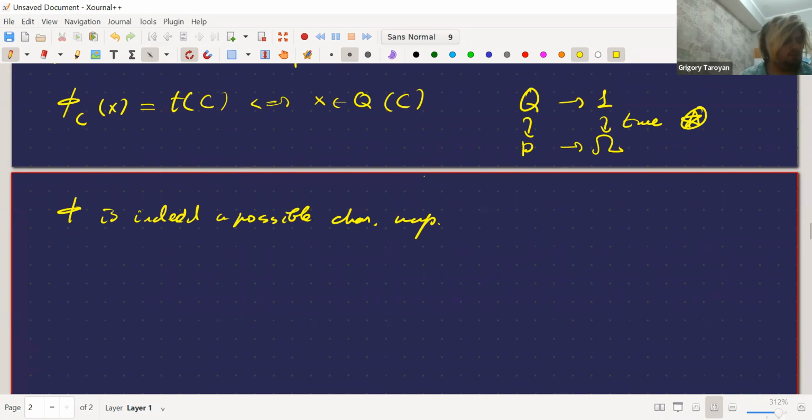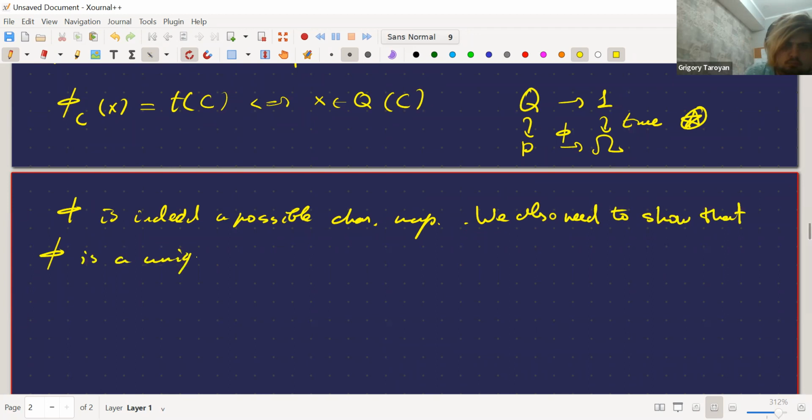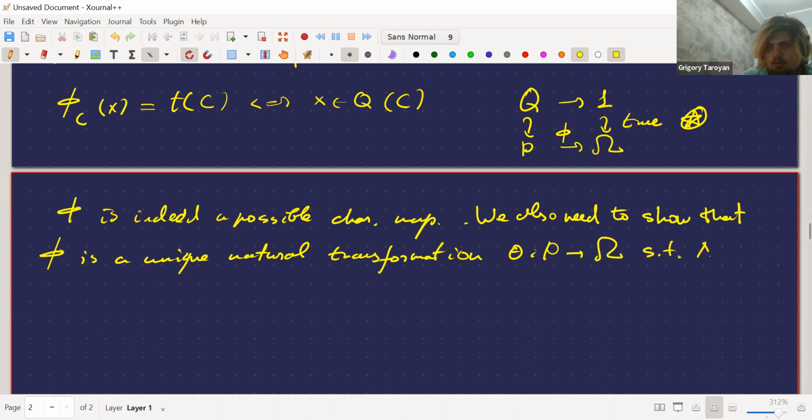We also need to show that phi is in fact a unique natural transformation from P to omega such that this star diagram becomes a pullback.